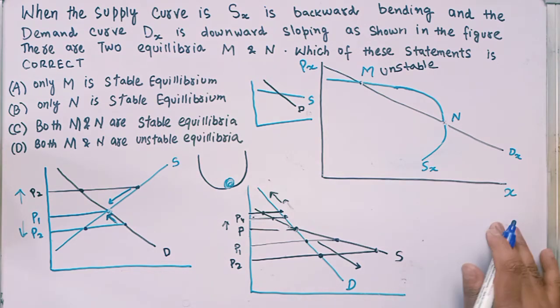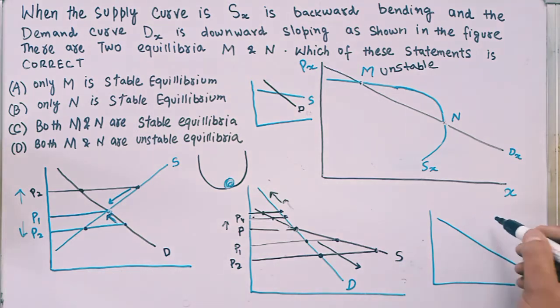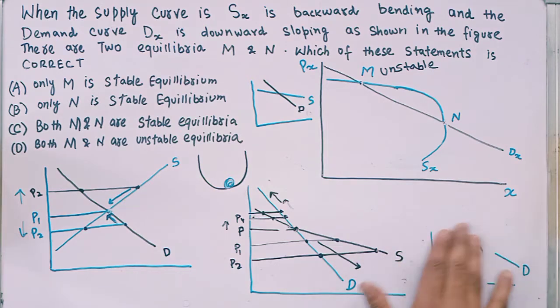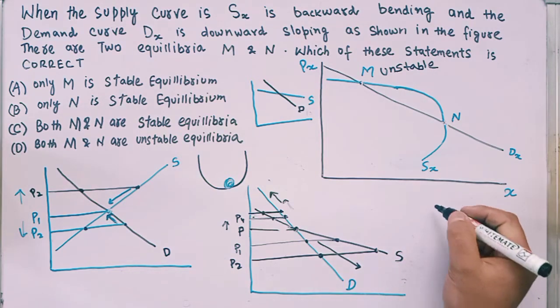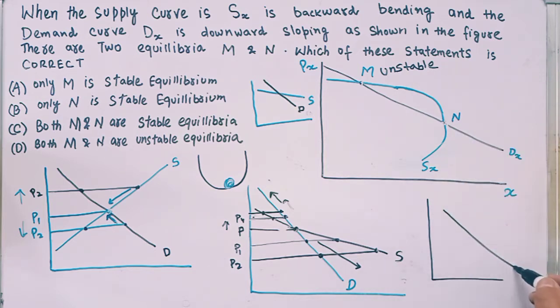So let me draw it here. We have another situation here. In this case, this is our demand curve and this is our supply curve. Sorry, I am not able to do it correctly, so it is somewhat like this. We have this supply curve, we have a demand curve like this, and a supply curve like this.